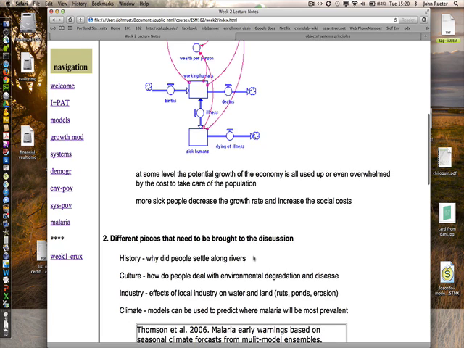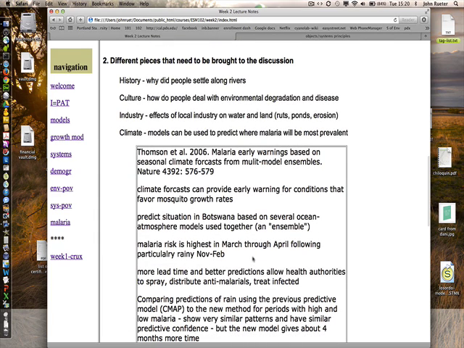Now malaria can be very related to the environment. First of all, where people settled, they settled in sort of commerce around the world. People settled along rivers where there's a lot of water, and that led to more malaria. There are cultural aspects of how people deal with environmental degradation and how they treat people who have diseases.